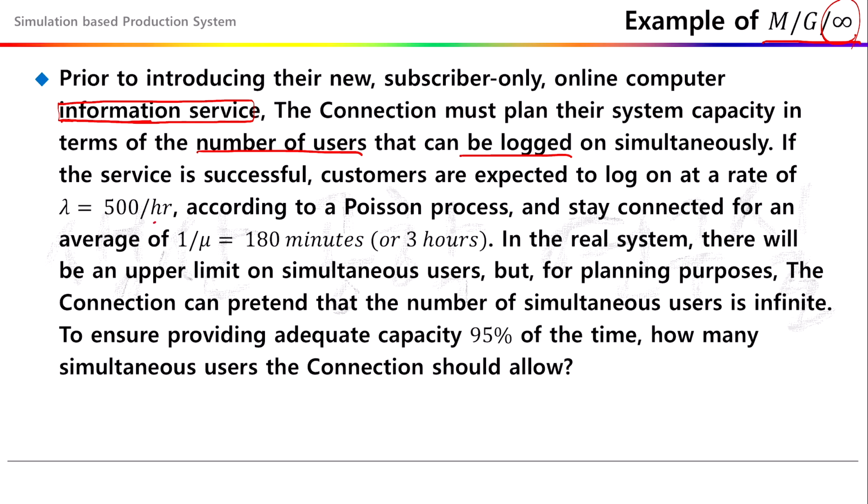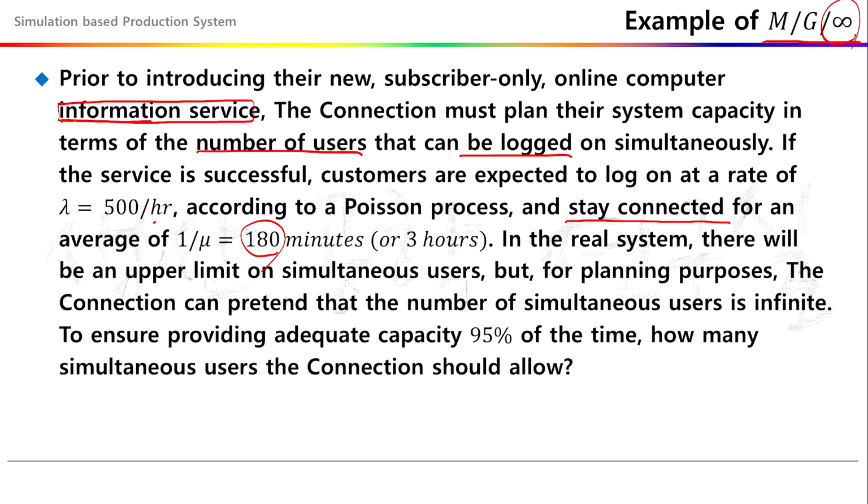If the service is successful, customers are expected to log on at a rate of 500 per hour. This is the arrival rate, according to a Poisson process, and stay connected for an average of 180 minutes, roughly 3 hours.